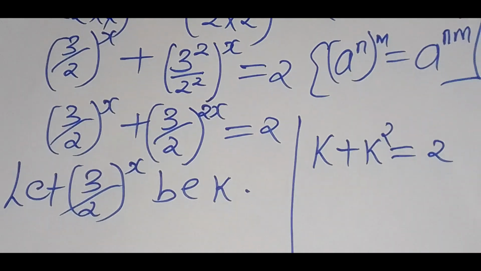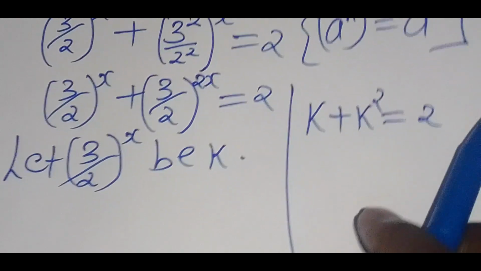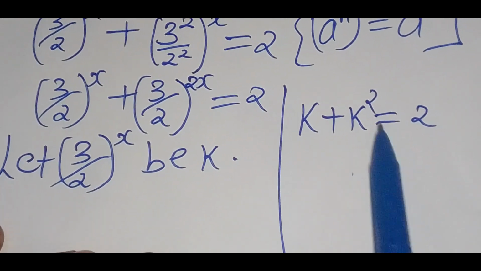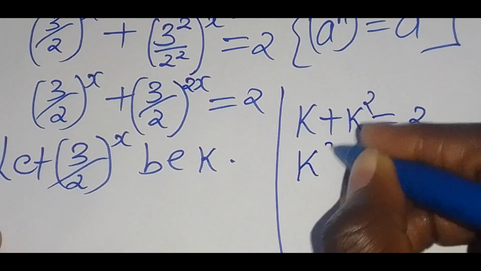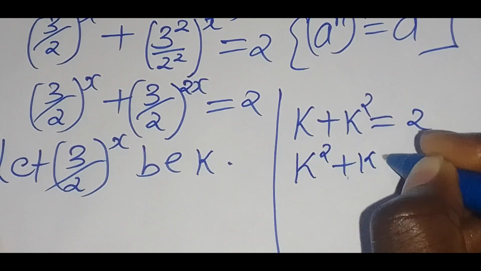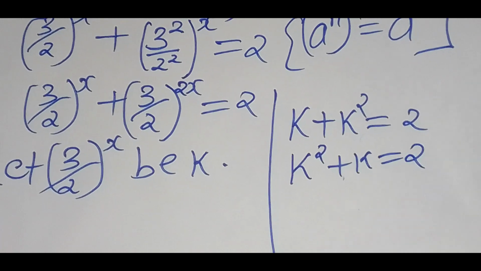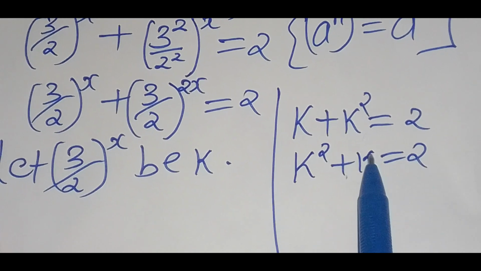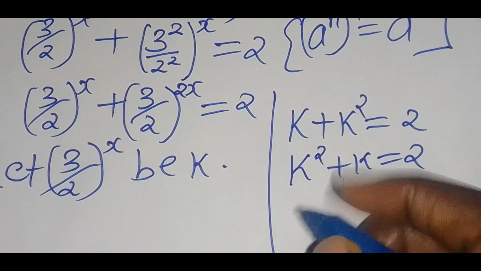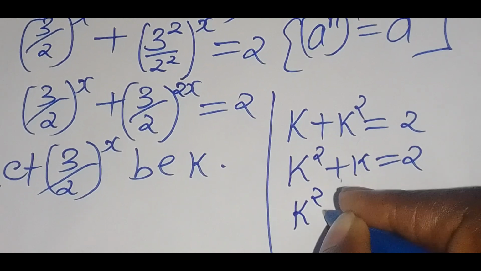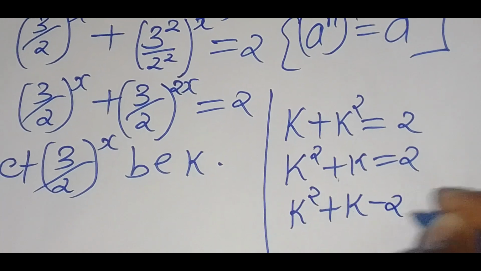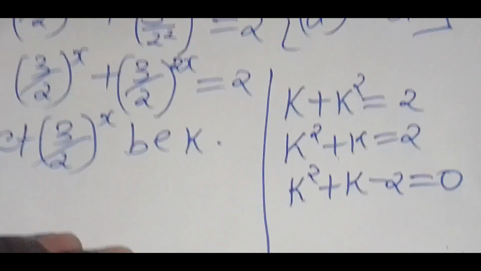This is equal to 2. Okay, so we rearrange, we form a quadratic equation. So you have k squared plus k is equal to 2. We take the 2 to the left hand side, so that we have k squared plus k minus 2 equal to 0.